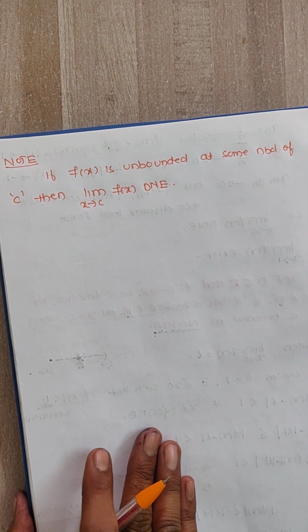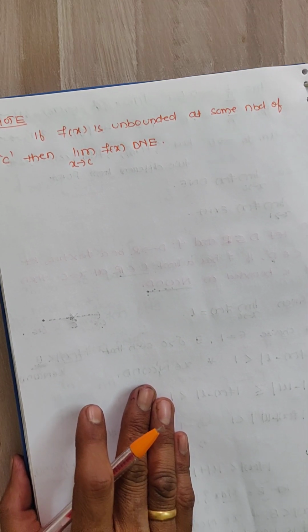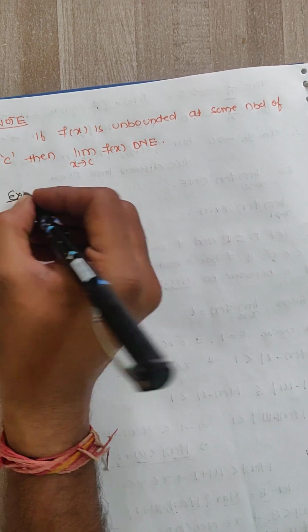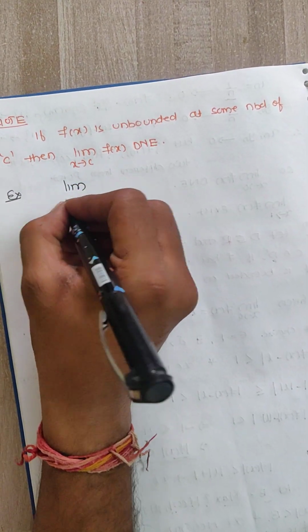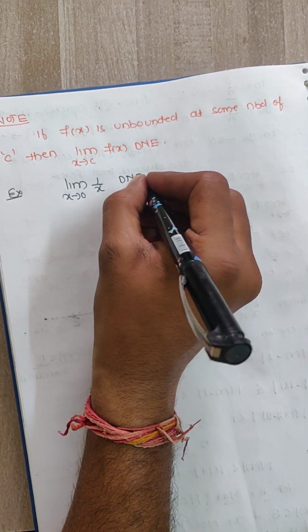If the function is unbounded at some neighborhood of a point C, then at that point the limit of f(x) does not exist. We give a simple example: limit x tends to 0 of 1 by x does not exist.